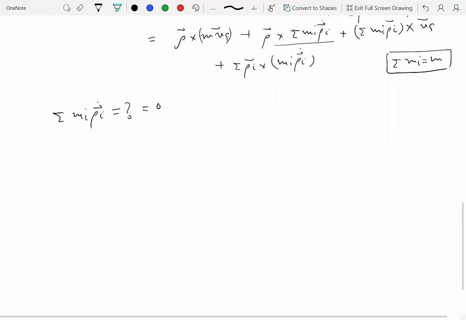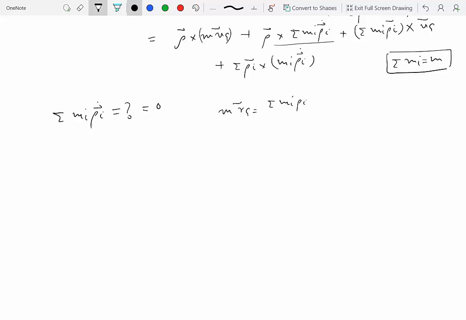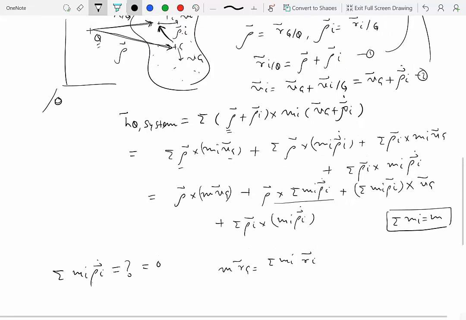And if you want to see that, then you just have to go back to the definition of the center of mass. Definition of the center of mass is m rg equal to sigma mi ri, right? So that's the definition. So how is this obtained?